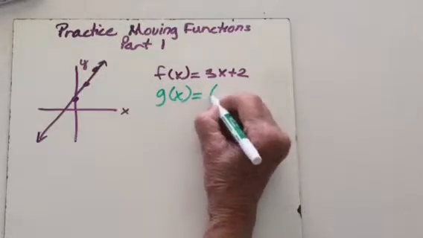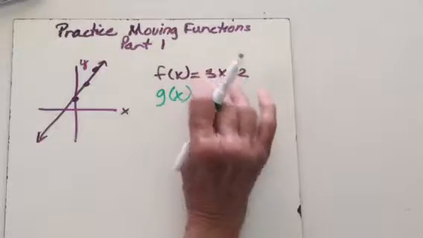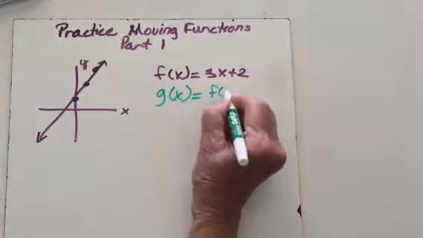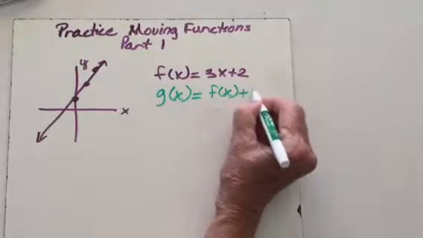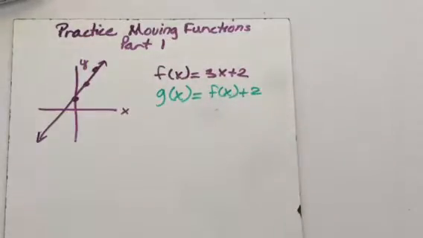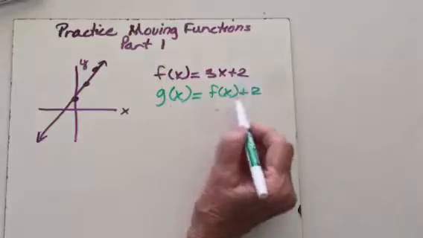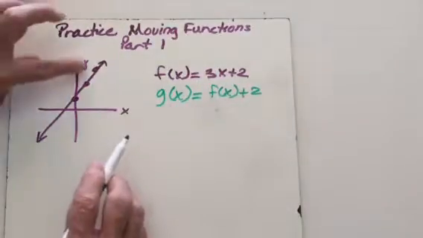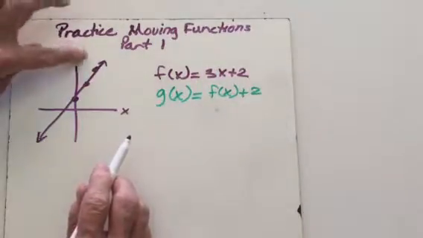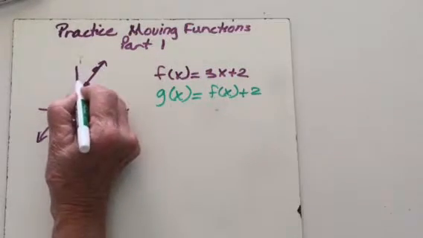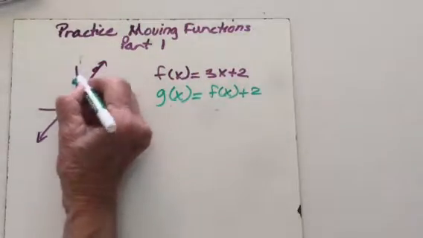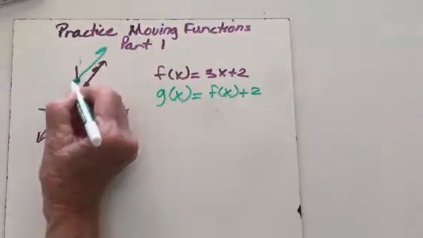All right, so g of x is going to be f of x, but now I want to go plus 2. So if I want to move this whole equation up 2, all I do is go 1, 2, I move it up 2 here, and I regraph it, and it will be up like this.